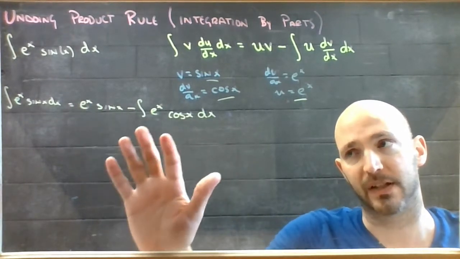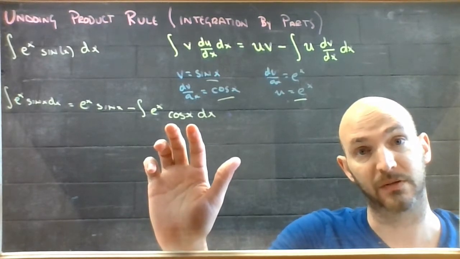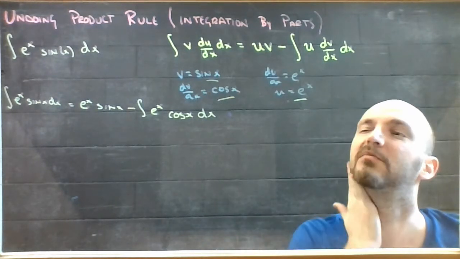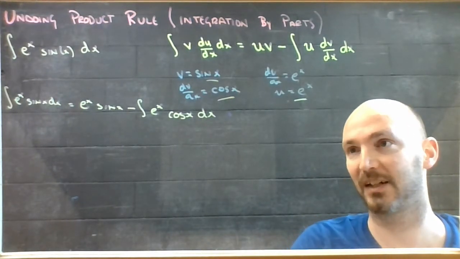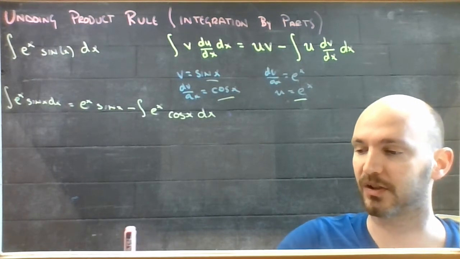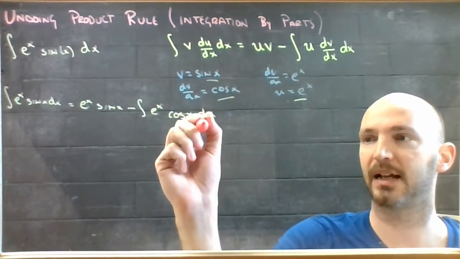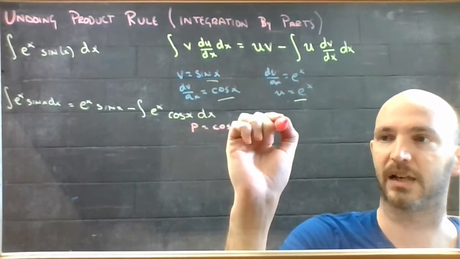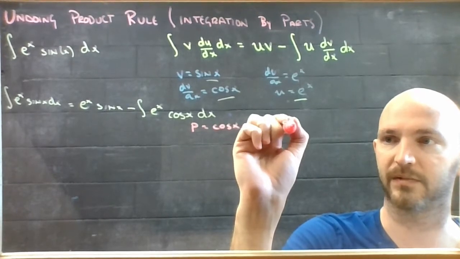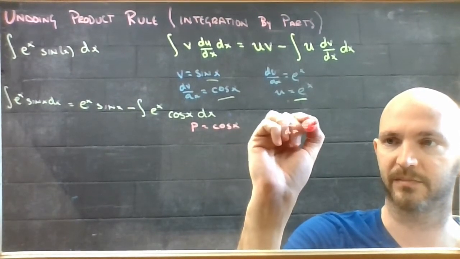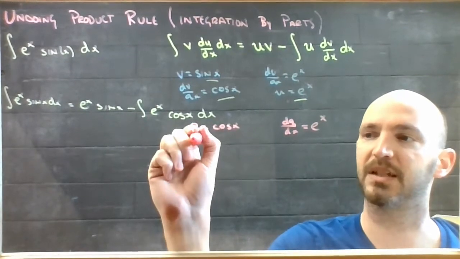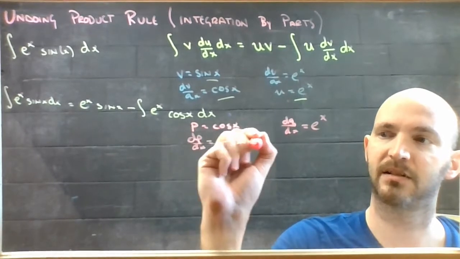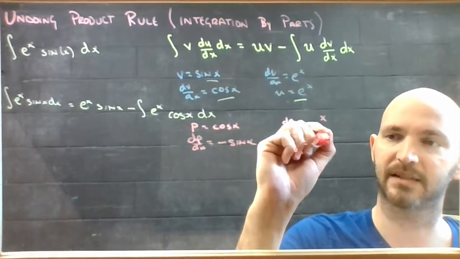Now, in order to finish this, I still have to evaluate this integral, right? I have to do another exponential with a cosine. So I'm just going to blindly go ahead and make another substitution. I'm going to keep them the same. I'm going to let the letter be the trig function, and I'm going to let the derivative be the exponential, because that's easier to integrate. So dp dx would be negative sine x, q would be e to the x.